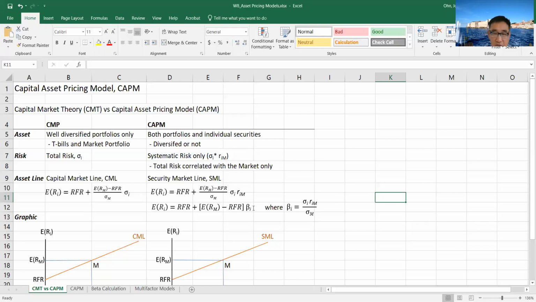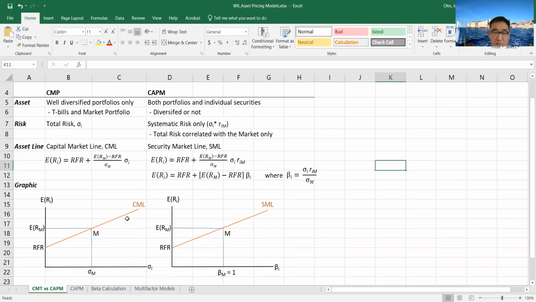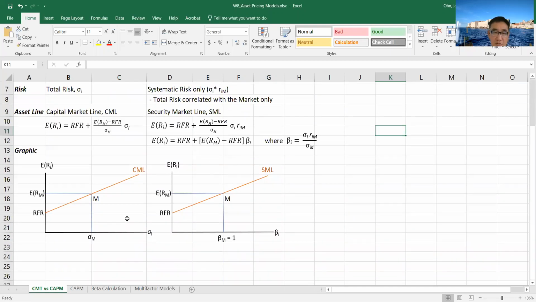But as you see, everything is in expected terms, right? That means we are talking about the expected return next period. Now if you compare the graphs, for the capital market line, the intercept is the risk-free rate of return.